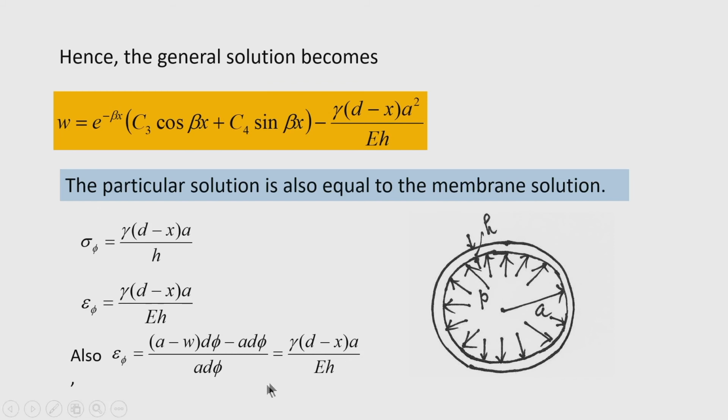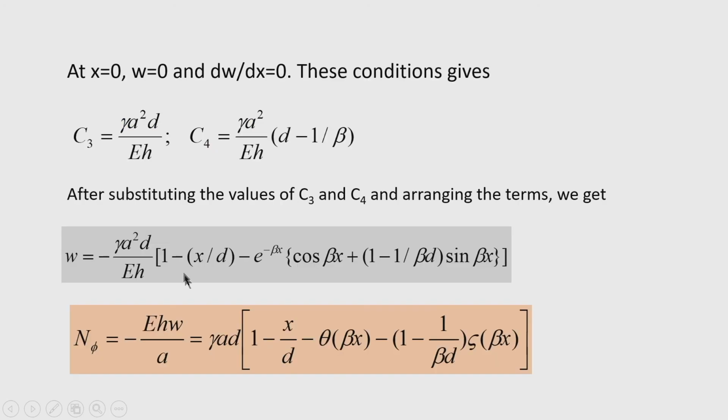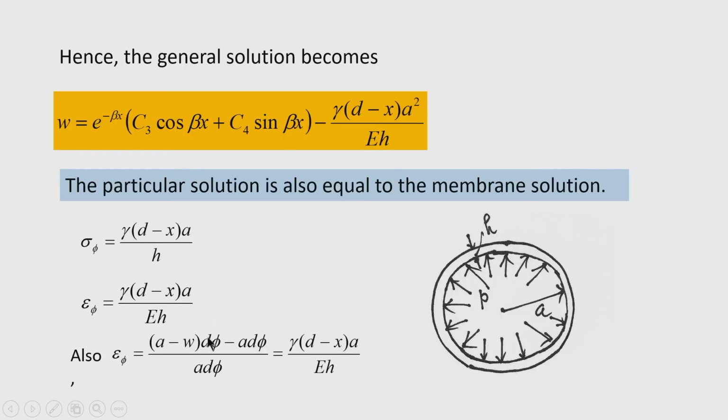Now, this is the expression which connects w with the hoop strain. If I solve this equation for w, we get W equal to minus gamma (d minus x) a square divided by E h. You can see from this equation that d phi will get cancelled.